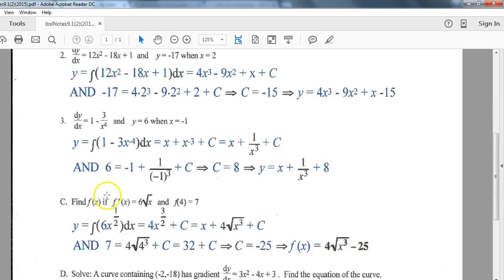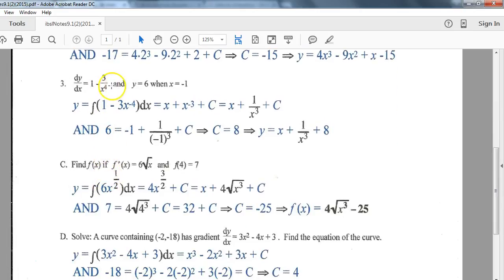Number 3, one more, just kind of the same. Again, this is the idea of putting things into friendly terms. So think of this as x to the negative 4th, and this is the way that you would want to see it. Again, just be familiar with the proper notation here. We're going to do the integral of that function, and then we have our dx on the end, and that's going to get us to this stage right here. Doing the power rule, we're looking at 1x to the first over 1.